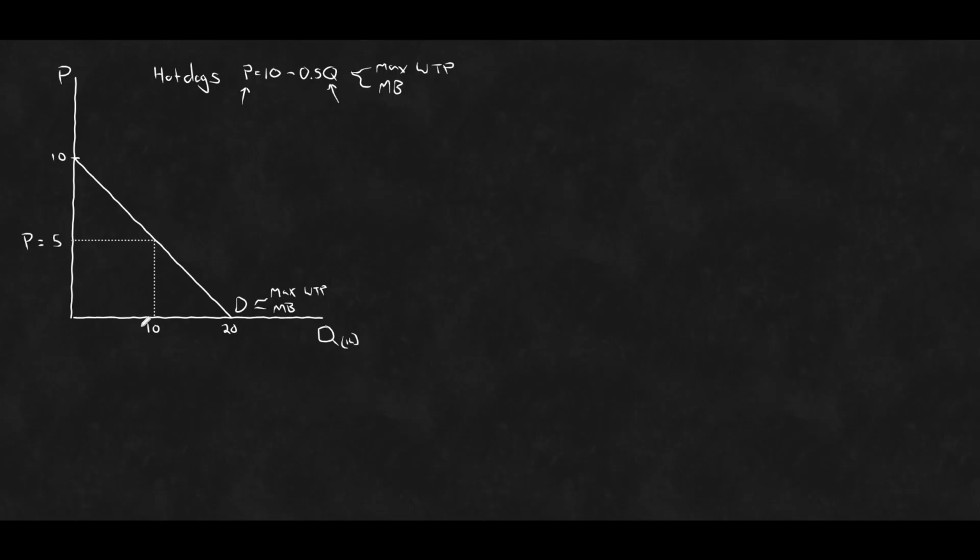And we see that, hey, we would put an extra value on our 10th hot dog at $5 for that 10th hot dog, which again feeds into why that would be the most you'd be willing to pay, because you'd be indifferent between handing over $5 or receiving $5 worth of value or benefit for consuming that 10th hot dog.